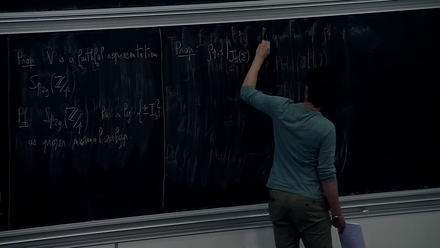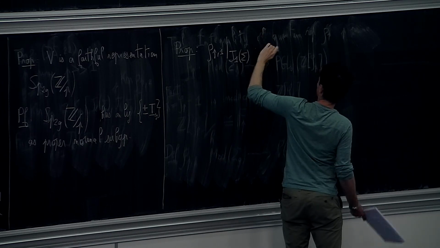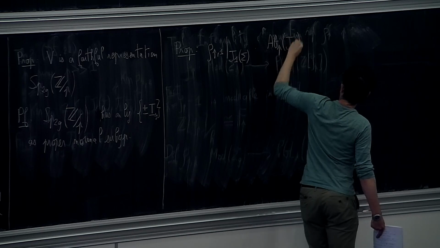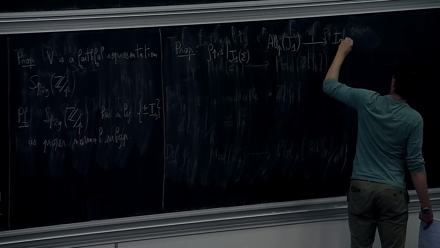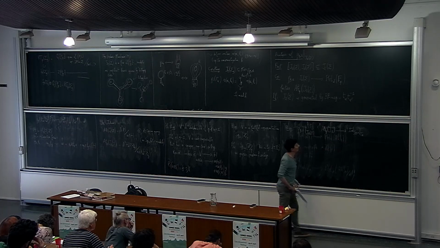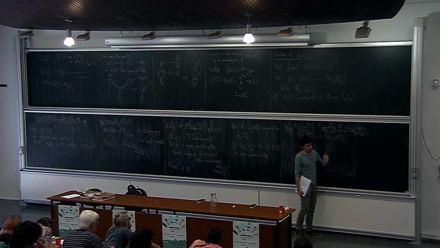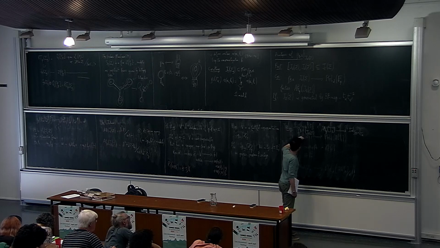You can think of it as a map from the abelianization mod P of J1 to J1. This is a surjective map, and I say that this is an isomorphism.